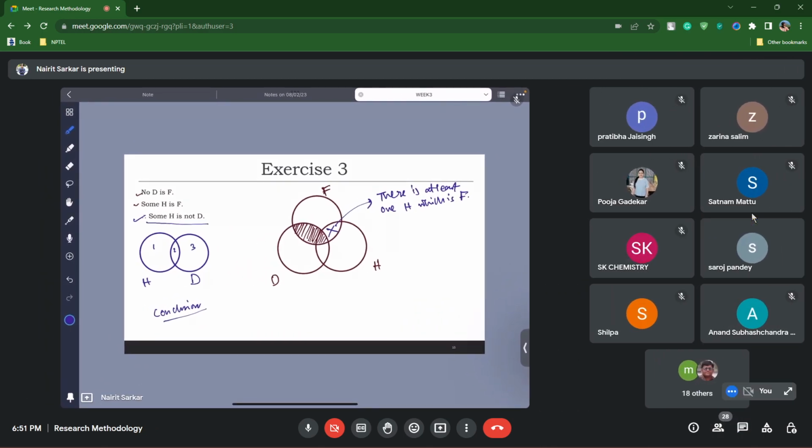Yes, in 1. We got this from the conclusion and they got this from the premises. So is it valid or not?